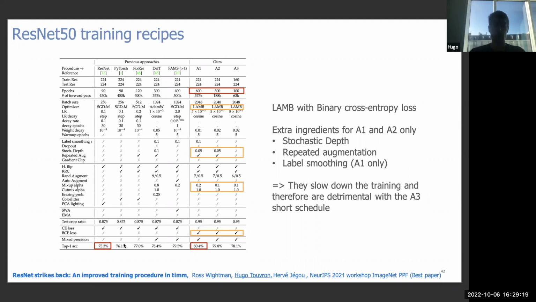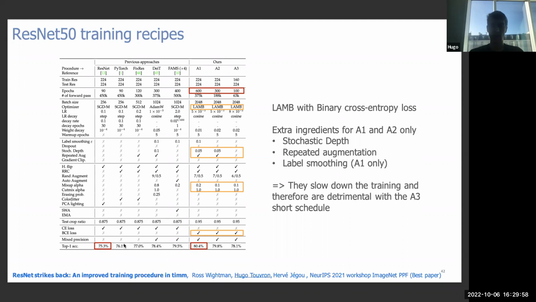It can be interesting to revisit the ResNet 50 training recipes, because generally when we propose a new architecture, we train it with modern training recipes, and maybe the original ResNet training procedure and the PyTorch one are a little bit outdated. So it can be interesting to revisit that with a modern training strategy in order to have a better comparison between the ResNet 50 and the new architecture.